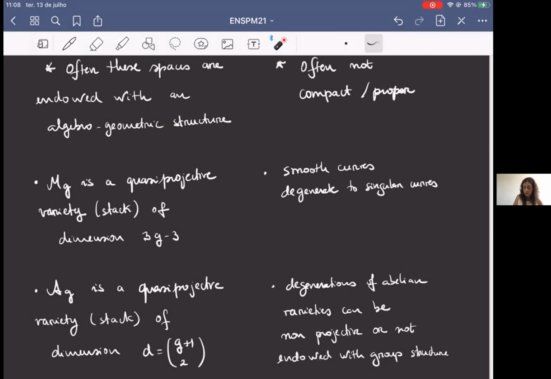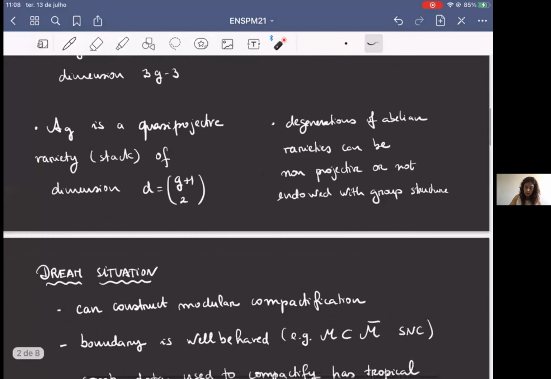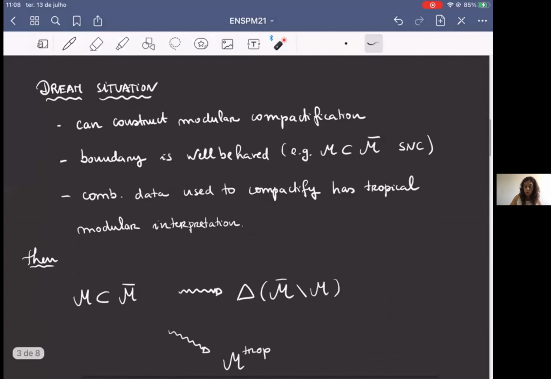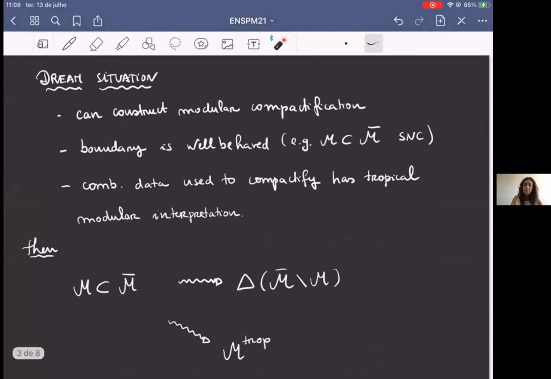You can see this very easily for M_g because smooth curves degenerate to singular curves. For abelian varieties, this is even worse, because by degeneration you can lose either your projectivity or the fact that you still carry a group structure, and it's easy to build degenerations where both of these things are no longer true.